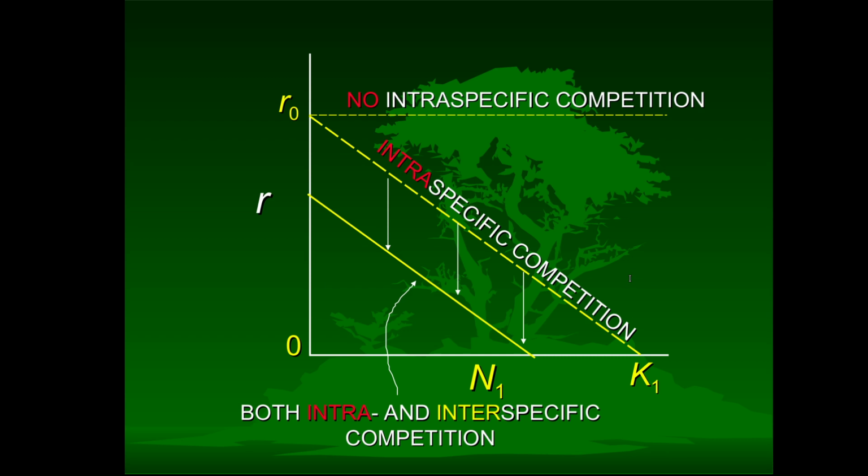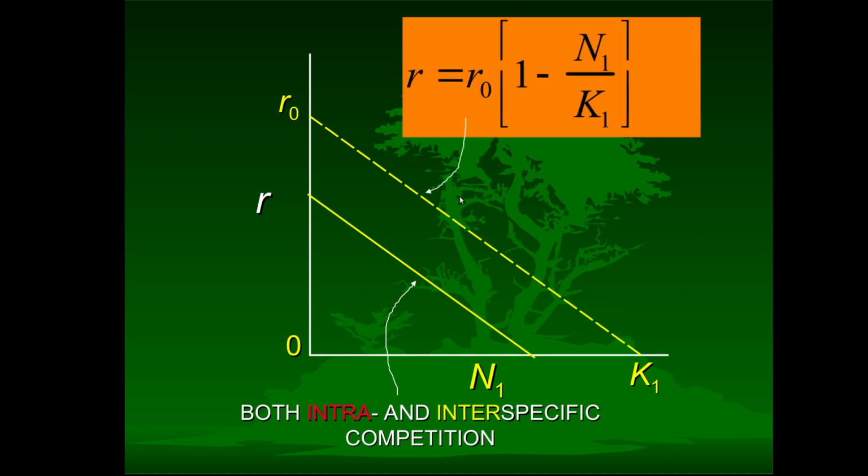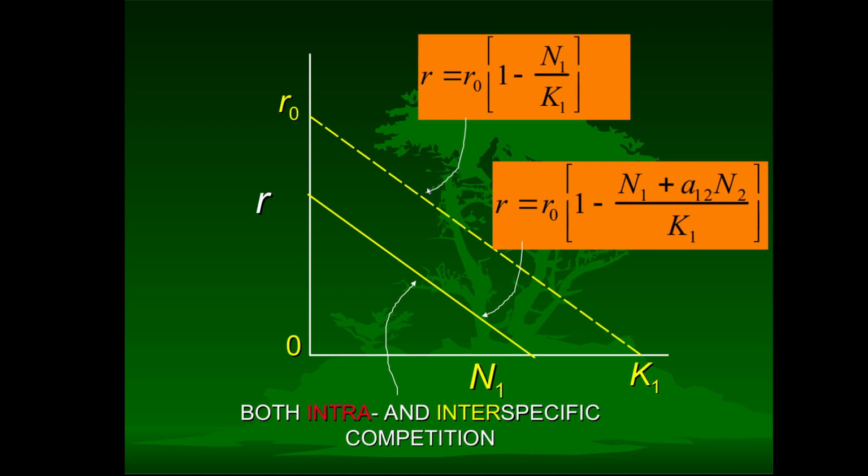As N increases, the entire line for r decreases in the other species. Okay, so this line is the equation right here for little r that we already talked about. And this line is the equation for little r for both species.